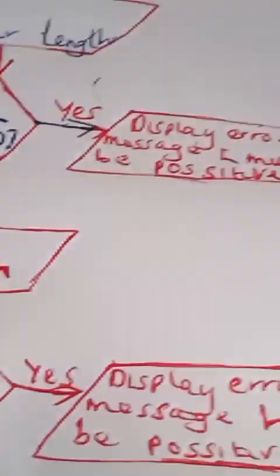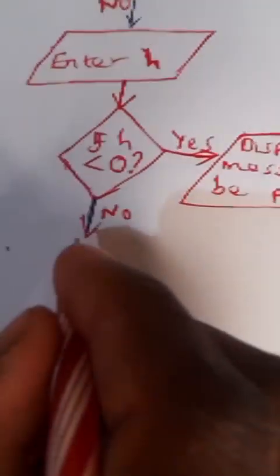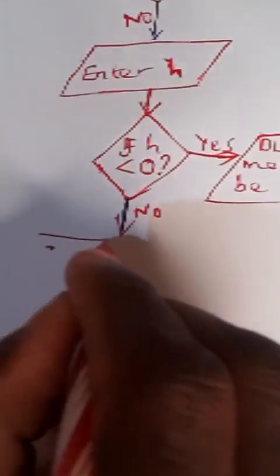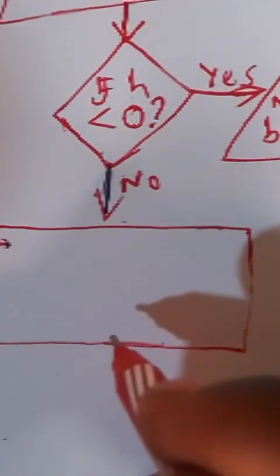you calculate the volume. And remember, when using formulas, you use a rectangle shape. If it is a no, you just write the formula of getting the volume.